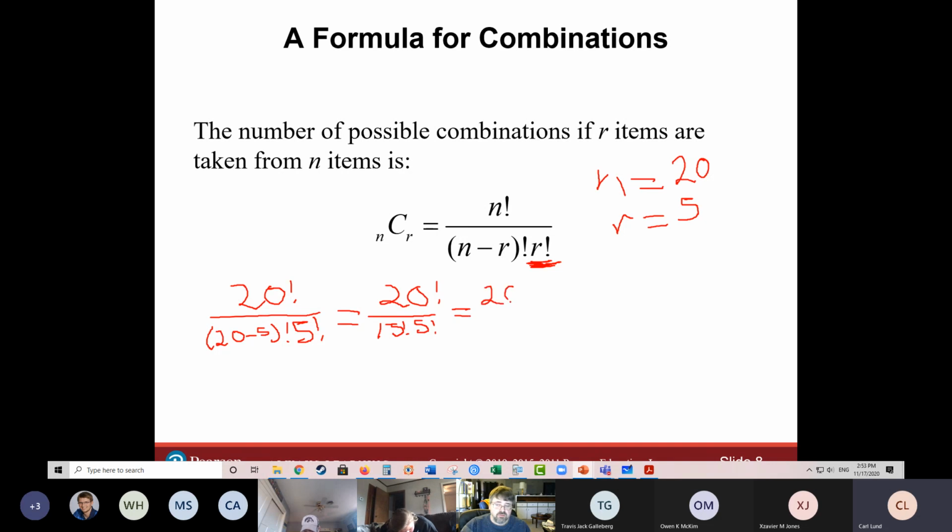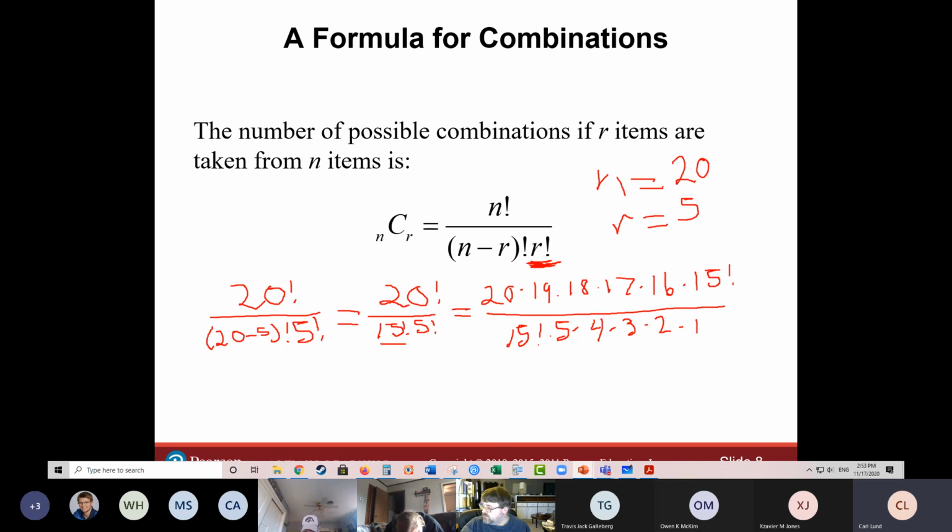So this should be 20 times 19 times 18 times 17 times 16 times 15 factorial over, keeping the largest factorial in the denominator as a factorial, which makes it quicker to cancel, 15 factorial times, and now write out 5 factorial: 5 times 4 times 3 times 2 times 1.